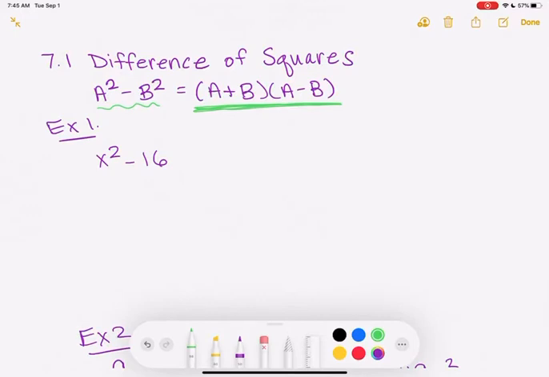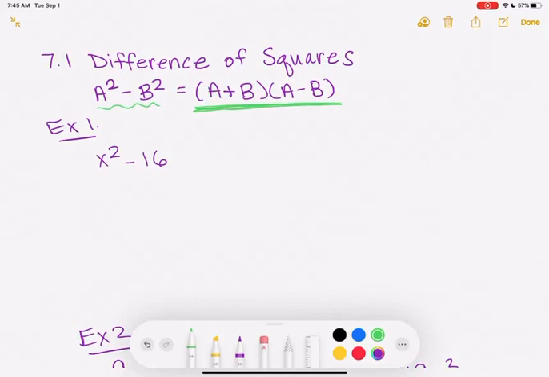You're going to be given something like a squared minus b squared, and then tell me that it's the quantity a plus b times the quantity a minus b. The difference just means subtraction, and the squares just means that I have two things that are squared. So this will only work if there's subtraction, and if I have two things that we can find the square root of, okay? So let's go ahead and get started with this first example.